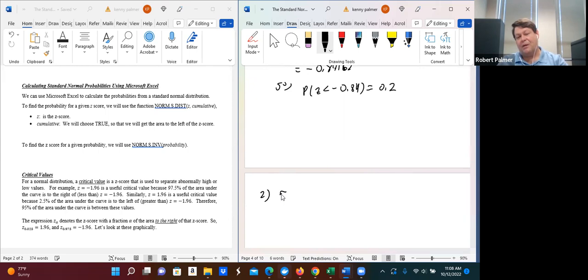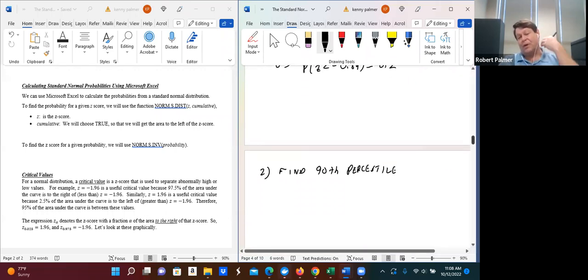Let's say I want to find the 90th percentile. And we'll see that's the same thing as finding the probability less than 0.9.